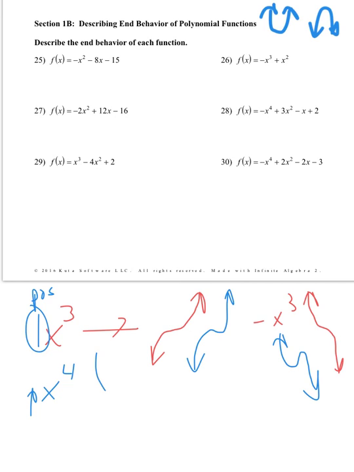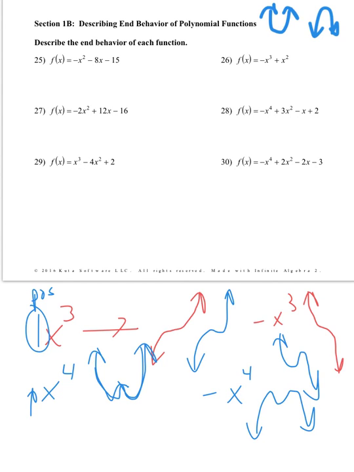If it's positive x to the fourth, you could get graphs that look almost W-shaped, where it goes down, comes back up, goes down, comes back up. If it's negative x to the fourth, so some negative number in front of x to the fourth, it's a similar thing, but the end behavior is going to be going down. These are just some general rules with graphing higher order functions, and some general shapes.